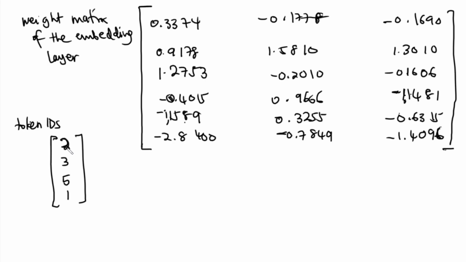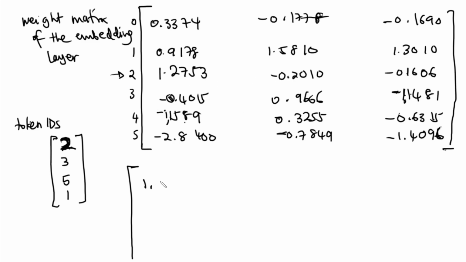Oh, 2, it's in the first position. The first position is saying look up the row in the weight matrix that is at index 2. This is index 0 according to Python: 1, 2, 3, 4, 5. So for our position 2, it is going to get this row.